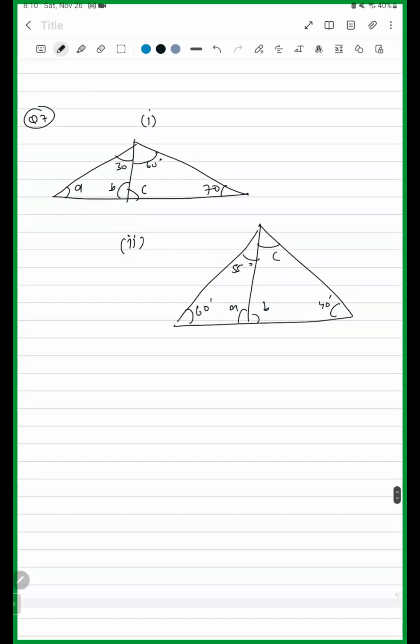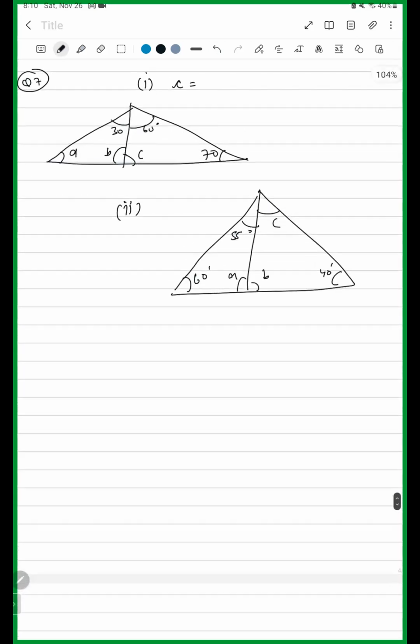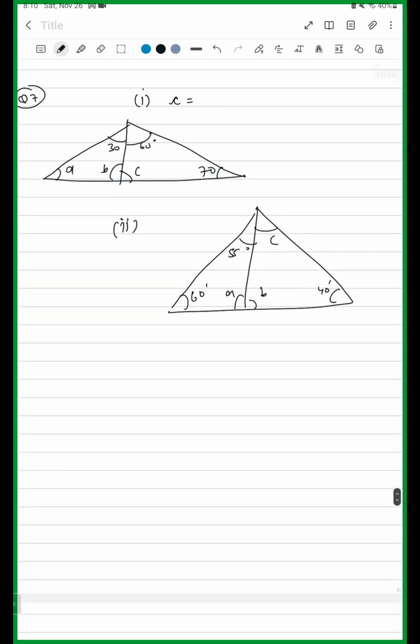Okay. See, what is C, Hiba? From here, can you find C? C plus 60 plus 70 gives 180. Very good. 60 plus 70. So C becomes? You hadn't done it in your notebook. I thought we did this in class, so I did the second one instead.